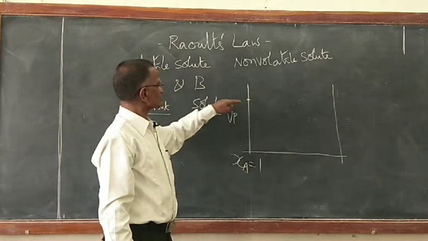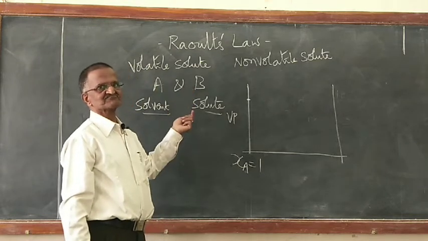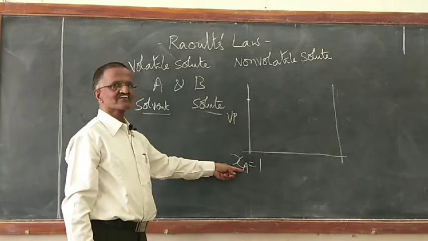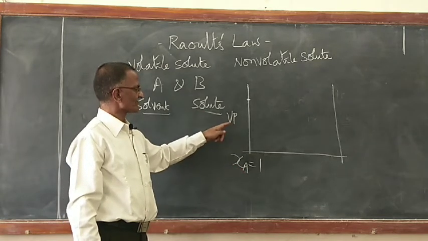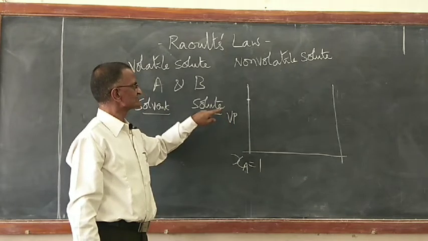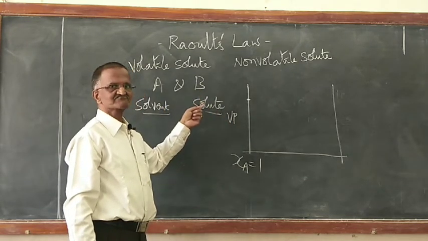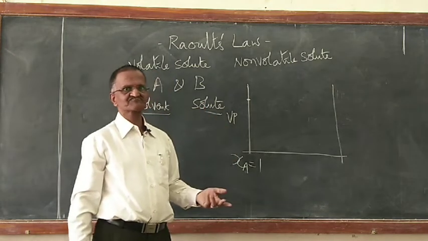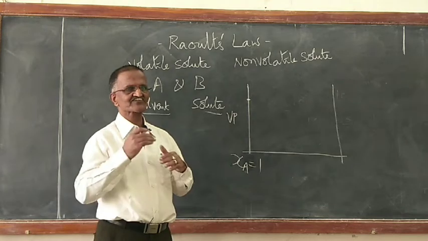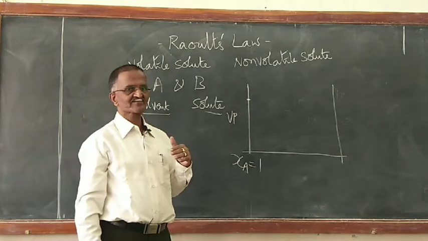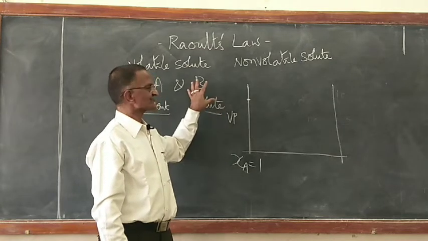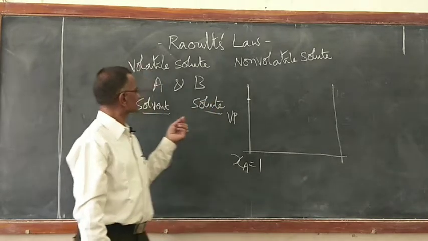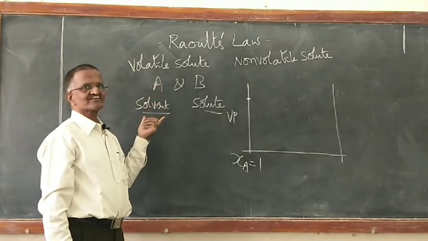Now to this I will add the solute B. I go on adding a small amount of solute to this solvent A. As I go on adding the solute B, which is volatile, the resulting solution will have its vapor pressure because of the contribution of both A and B. For some time don't worry about B. As I go on adding B, what will happen to the vapor pressure contribution of A?